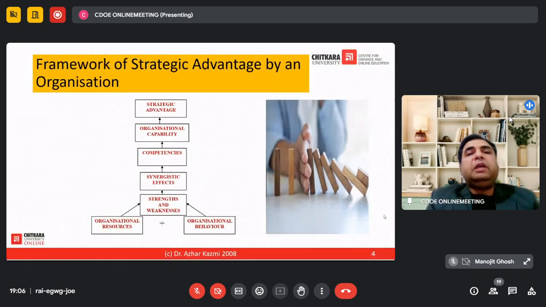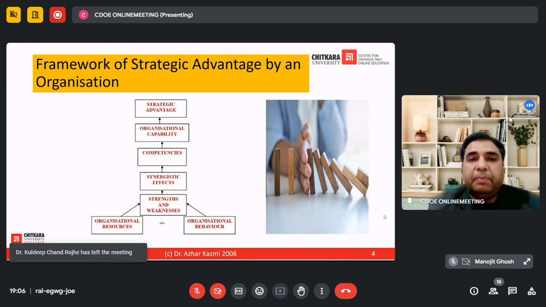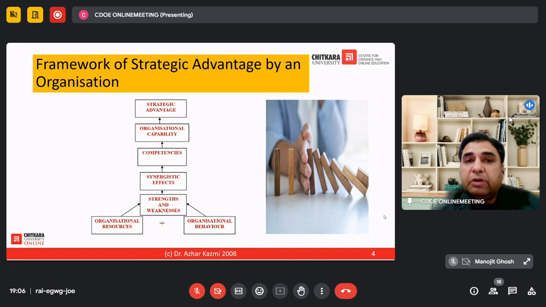Now, this is a very important process. It is the process followed by major companies when they come up with their internal assessment, when they try to know how to synergize their effect, how to come up on the competency, how to increase organizational capability, what will be my strategic advantage. So this process is a clear-cut indication, and it gives a boost to an organization if all the steps in this process are followed in the best way.